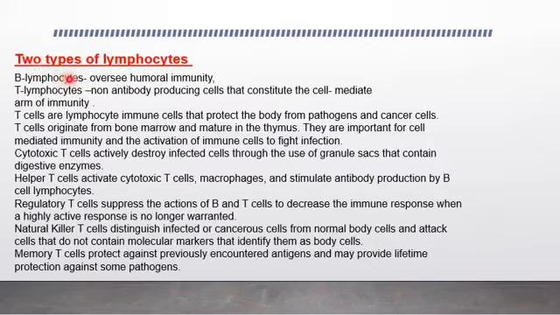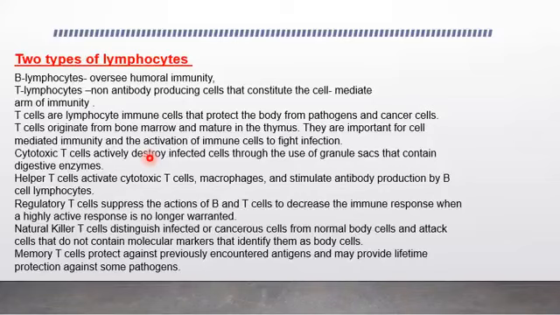Okay, here we've got two types of lymphocytes. We've got the B lymphocytes, which activate humoral immunity and release antibodies, and we've got the T lymphocytes, which are non-antibody producing cells that activate the cell-mediated arm of immunity.